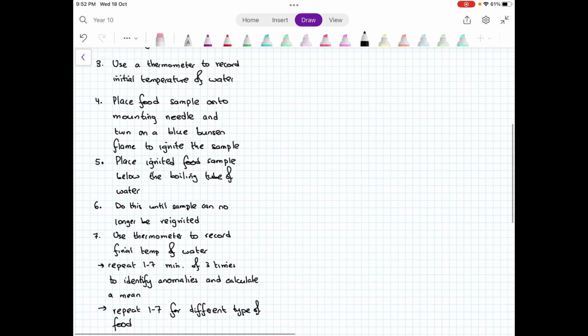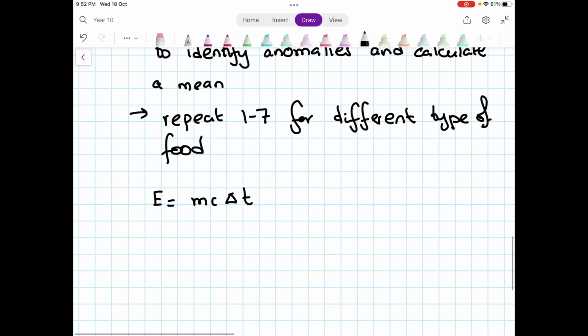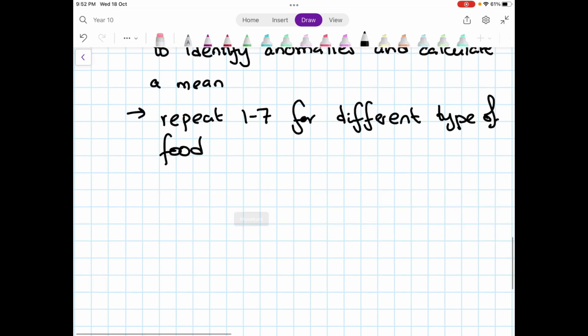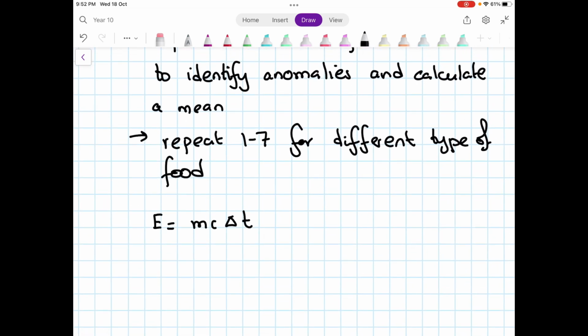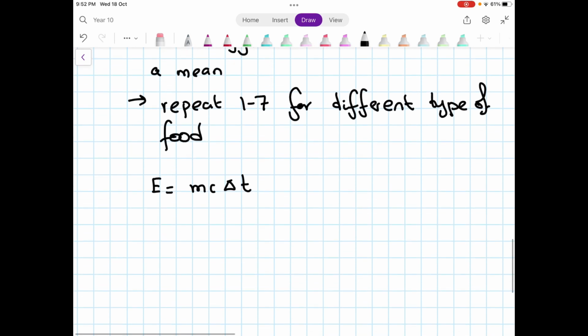Once you've done this procedure and recorded all the necessary results, we can use a formula as follows, which is actually the specific heat capacity formula. It states that energy equals mass times the specific heat capacity times the change in temperature. So say we wanted to find out the energy content of our food sample in joules.